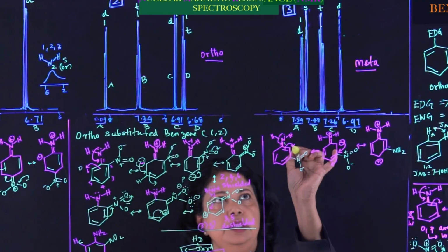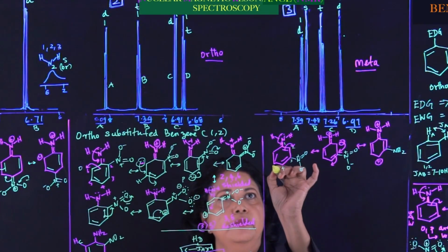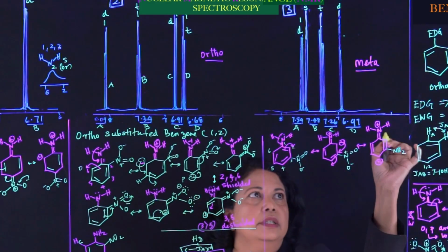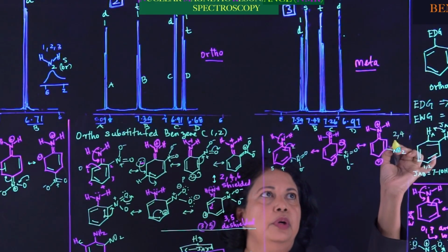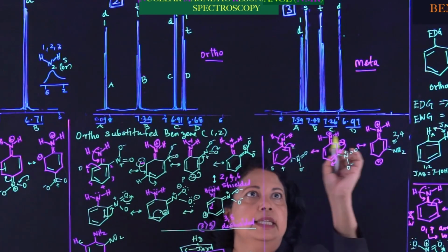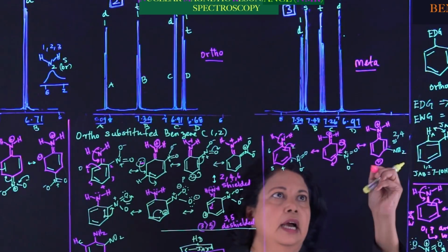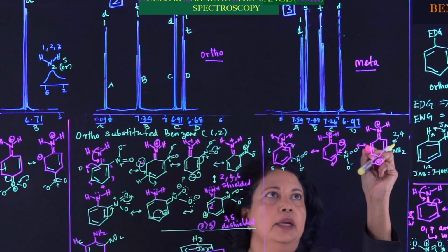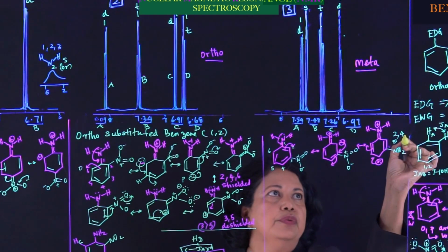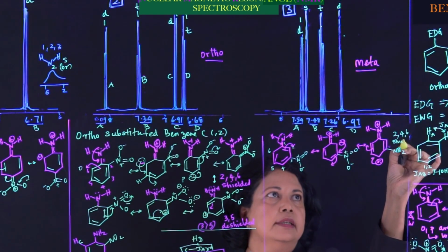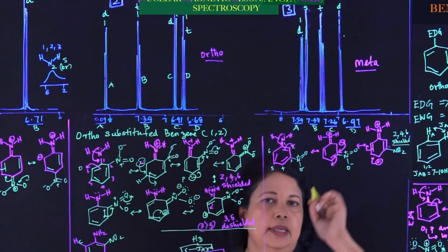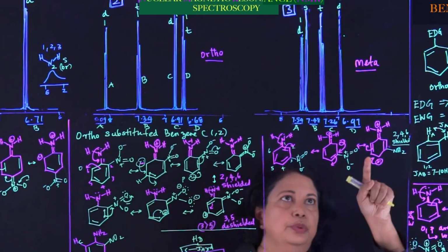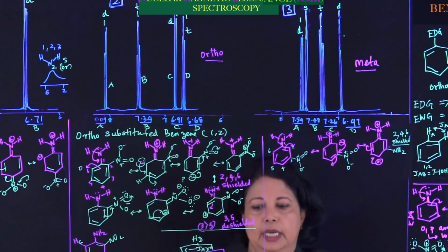Let's call this 1, 2, 3, 4, 5, 6. So 2, 4, and 6 shielded, because you can see how this can go around and put it on 6. 2, 4, 6 shielded. That's the conclusion we can come to when we do the resonance with the nitrogen group.